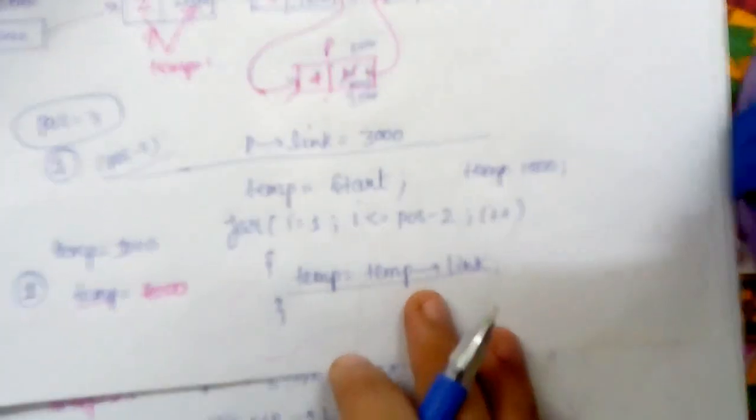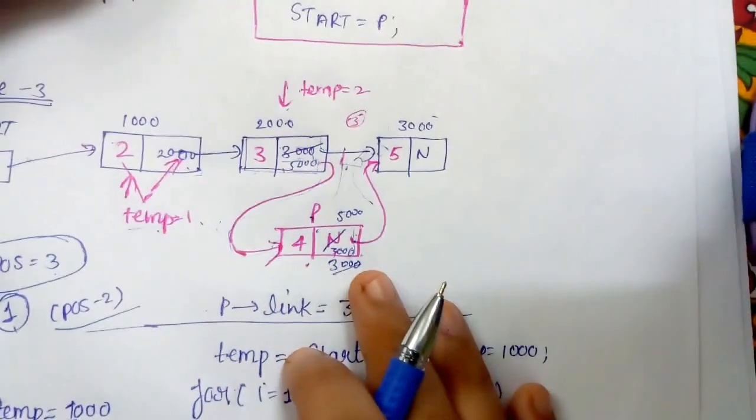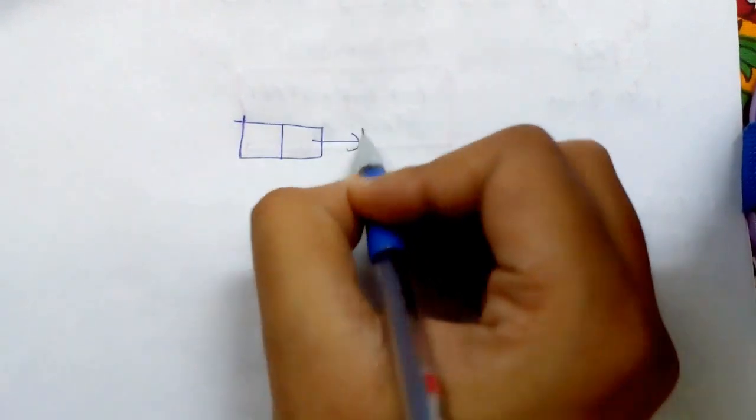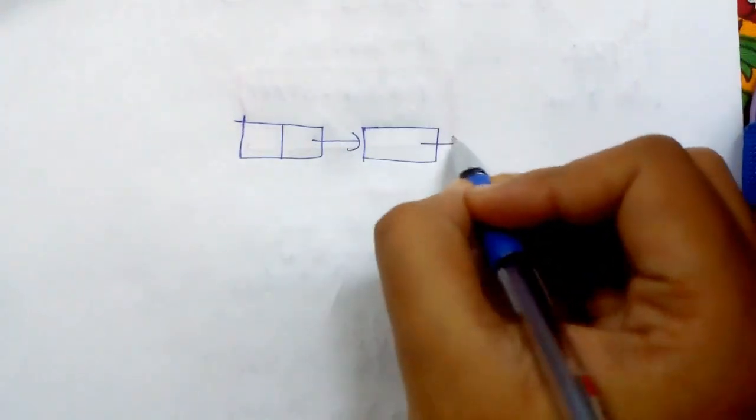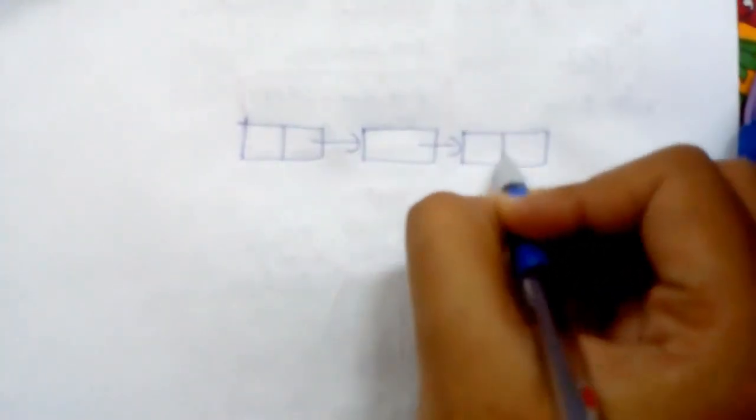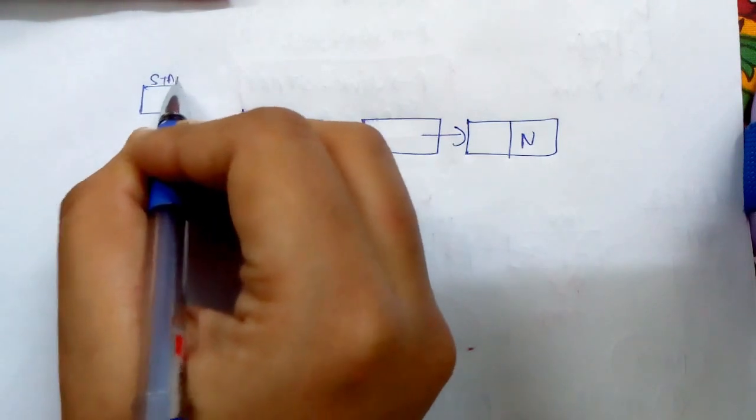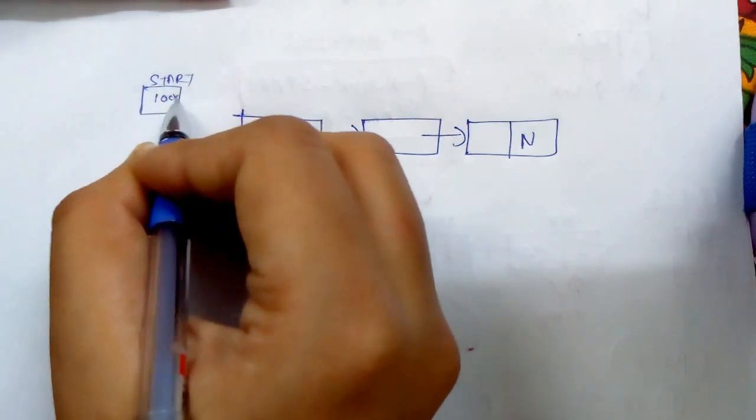Okay, let me make the linked list again so that it will be clear to you. This is my first node, this is my second node, and this is my third node. And start contains the address of the first node, that is 1000.